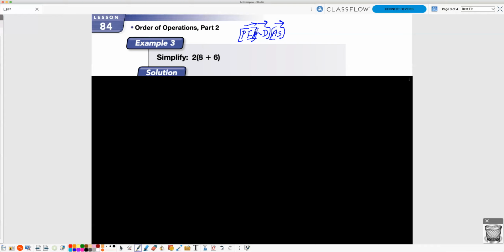Even though it's got an addition symbol on the inside, you have to consider that that's on the inside of the parentheses. So 8 plus 6 makes 14. And now we have to multiply that 14 times 2. That's what this means. And 14 times 2 is 28 as well.